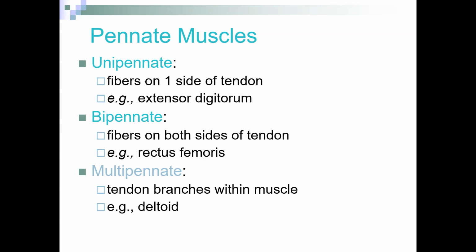Now, the nice thing about a lot of muscles is that if you know the name of the muscle, it also tells you what the muscle does, which is helpful, right? So if you have an extensor muscle, it causes extension. Extension, you're moving a body part further away from your torso normally. And it is also called digitorum, as in digits.